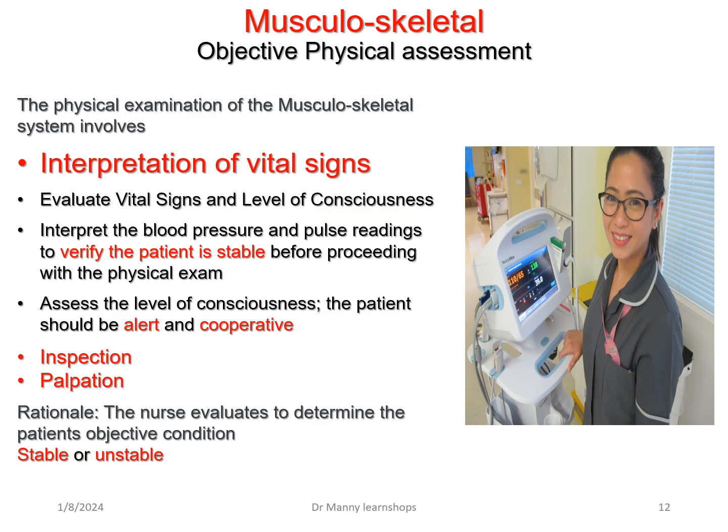The objective assessment in a physical assessment involves, again, vital signs, and the two techniques that are primarily used are inspection and palpation. And the rationale for utilising vital signs is to determine whether the patient is stable or unstable.